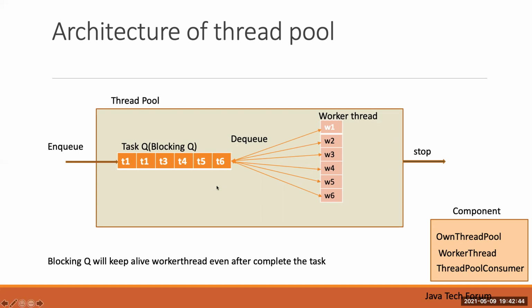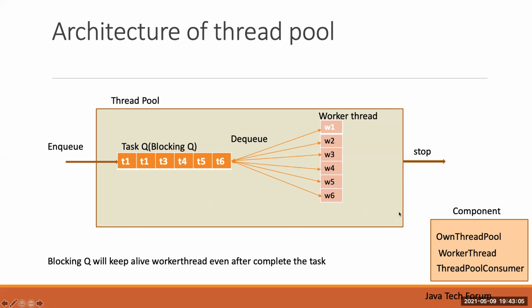Based on that configuration, it will create the worker thread list as well as the queue size. So I'm using a blocking queue and an array list here, and with that we can handle this thread pool concept.